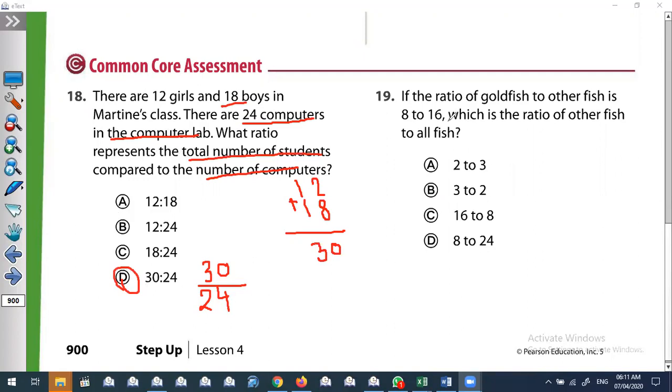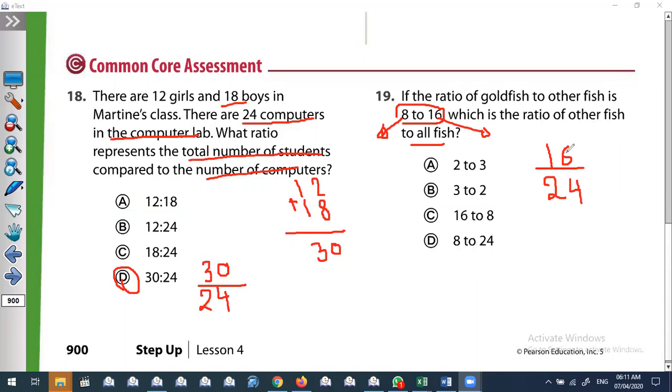If the ratio of goldfish to other fish is 8 to 16. Gold is 8. Other is 16. Order is important. 8 for gold, 16 for other. Which is the ratio for other fish to all fish? Other fish here is 16. All fish, we add 16 and 8, 24.